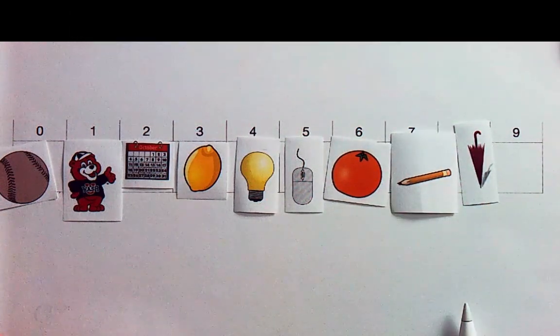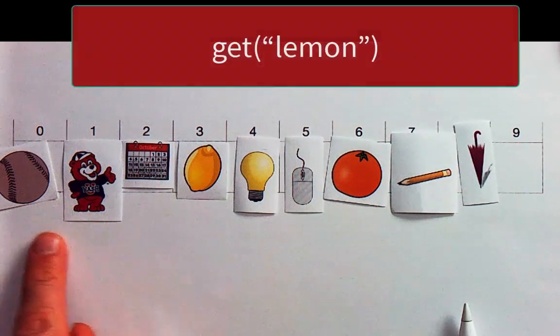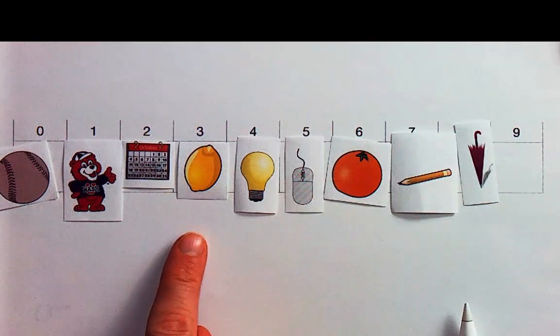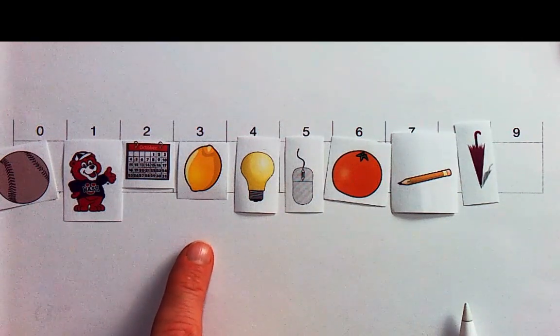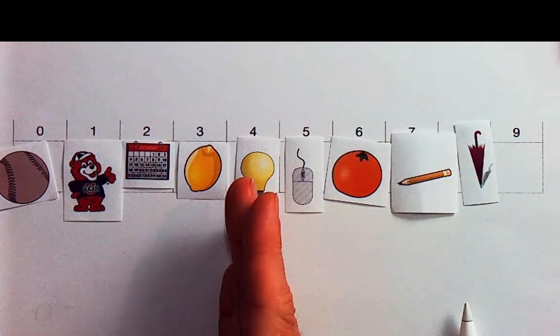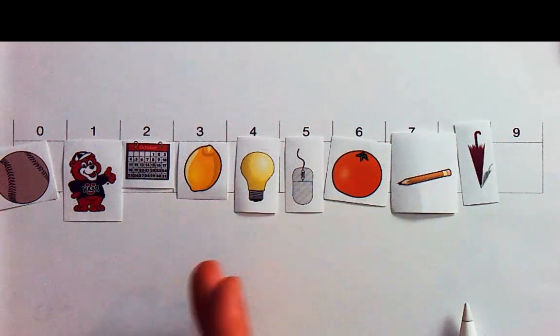Okay, so let's talk a little bit about the get operation. If I wanted to get the lemon, I could do what I did with my unordered list and iterate through until I found the lemon. But we've actually already seen a technique that works much better here. We could actually do the binary search. So we could pick our middle item, and that would divide our list in half.